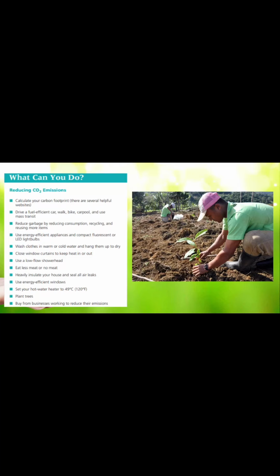Wash clothes in warm or cold water and hang them up to dry. Close window curtains to keep heat in or out. Use a low-flow shower head. Eat less meat or no meat. Heavily insulate your house and seal all air leaks. Use energy-efficient windows. Set your hot water heater at 49 degrees Celsius. Plant trees. Buy from businesses working to reduce their emissions.